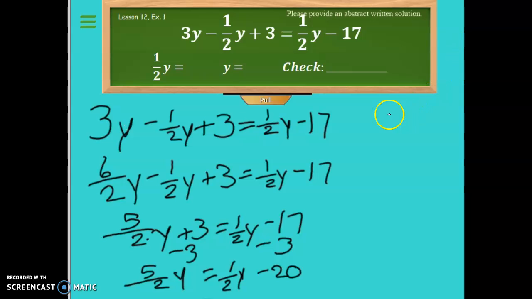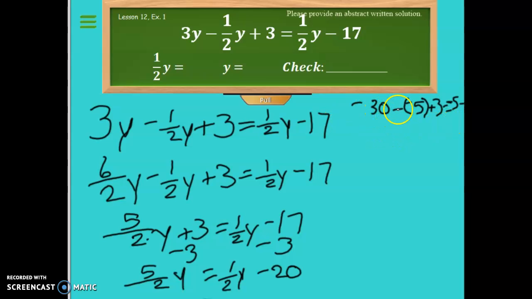So that would be negative 30 minus, what was 1/2 of y? Minus negative 5. I'm going to put that in parentheses so we don't get confused, right? Plus 3 equals 1/2 of y, which we said was -5, minus 17.